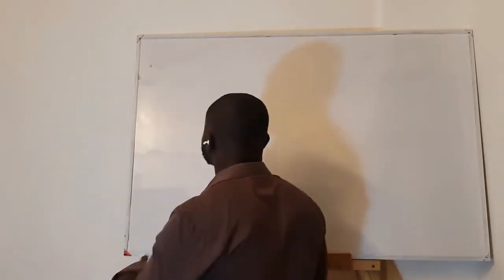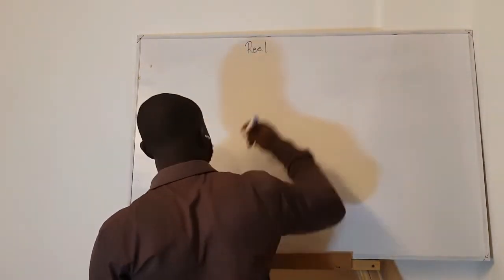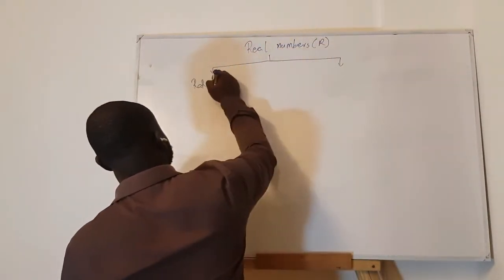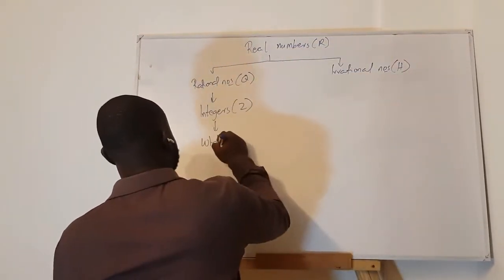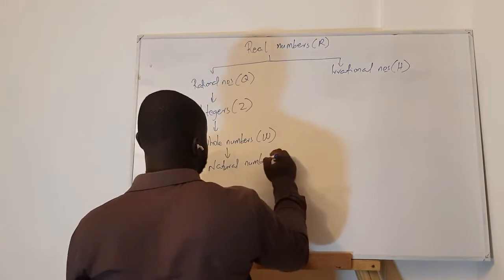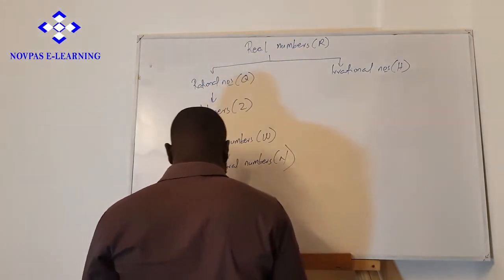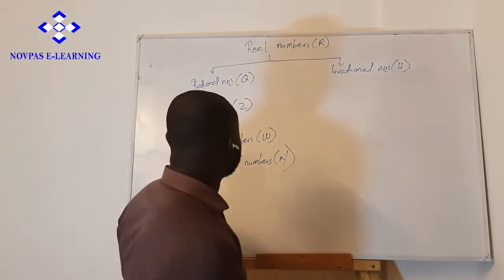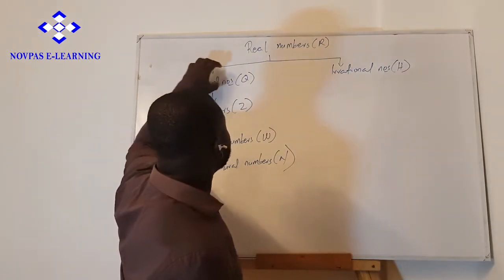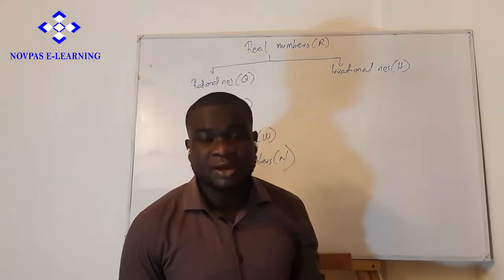So quickly, I'm going to draw a diagram on the board, okay? It will give you a better understanding of what we talked about earlier. Basically, when you're asked what a real number is, it's just a collection of rational and irrational numbers, okay?